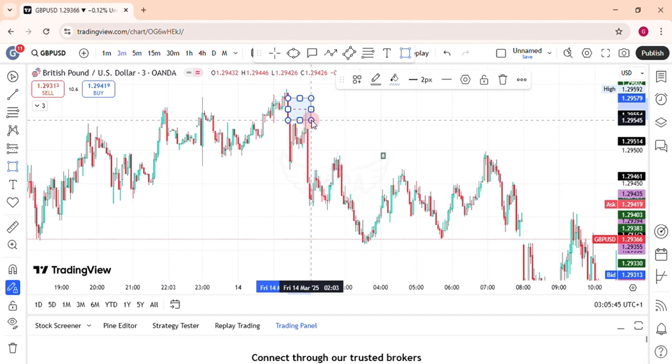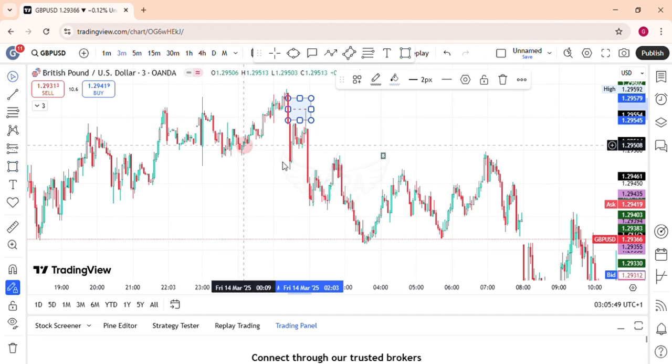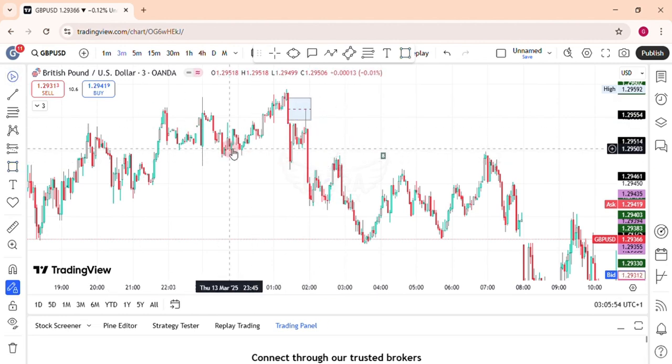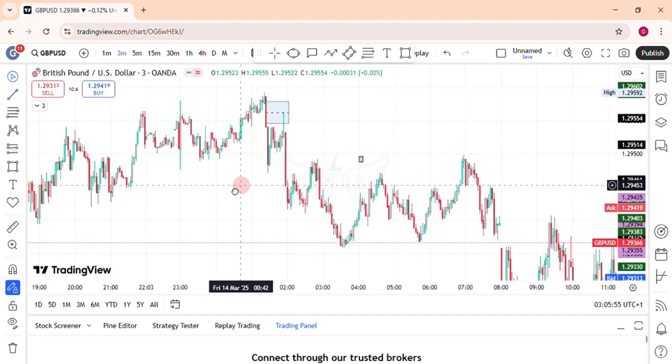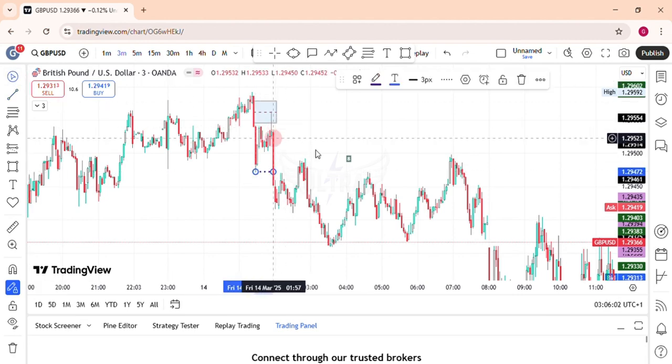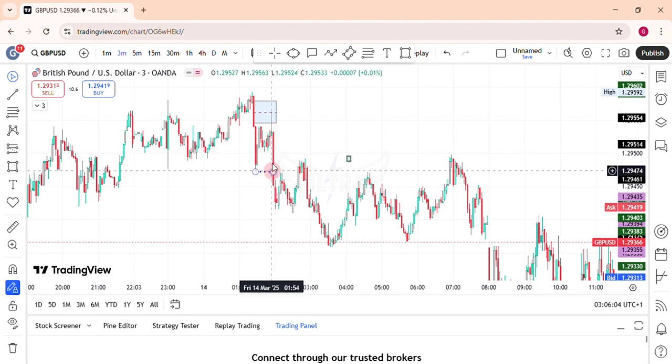After price tapped into this fair value gap right here, we are expecting price to give us a break of market structure. Now this is a break of market structure right here, and we have for us a good fair value gap right here.